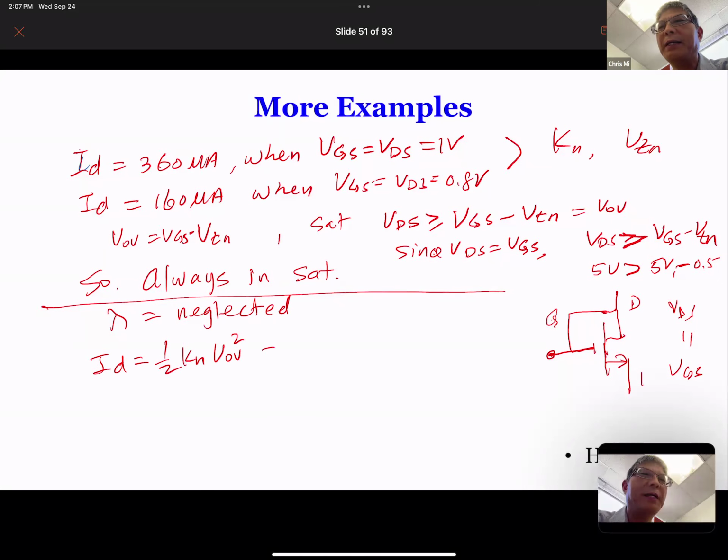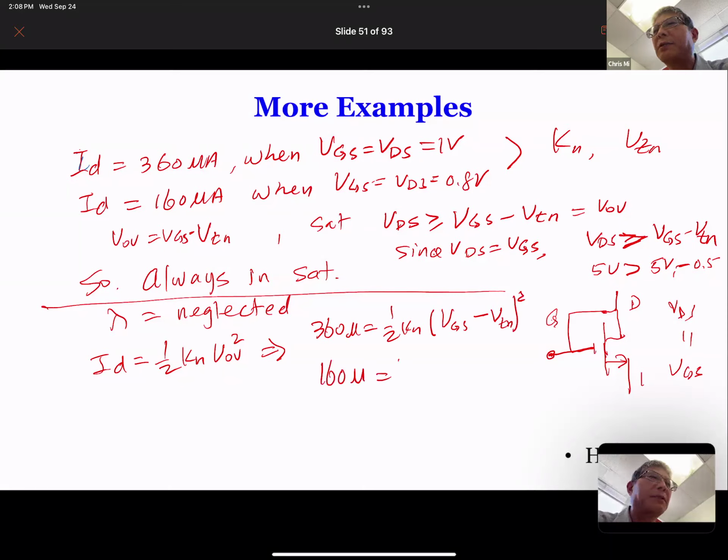Now we have two different conditions given. One is 360 microamps equal to 1/2 Kn times VOV, and VOV is VGS minus VTN, squared. The other one is 160 microamps equal to 1/2 Kn times VGS minus VTN, squared.